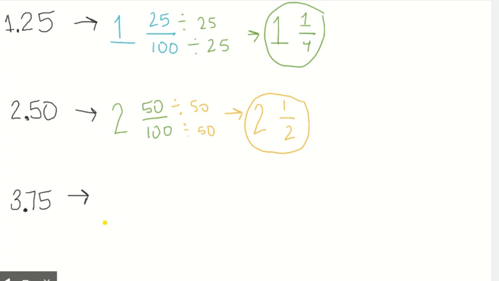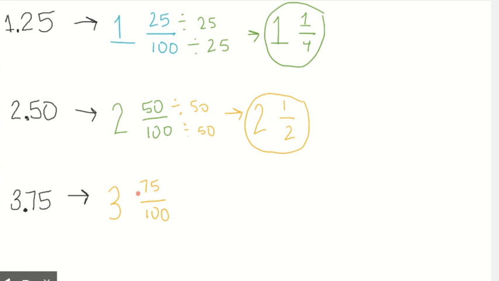3.75. So I'm going to bring my 3 as my whole number, then it'll be 75 over 100 because it's in the hundredths place. 75 over 100.